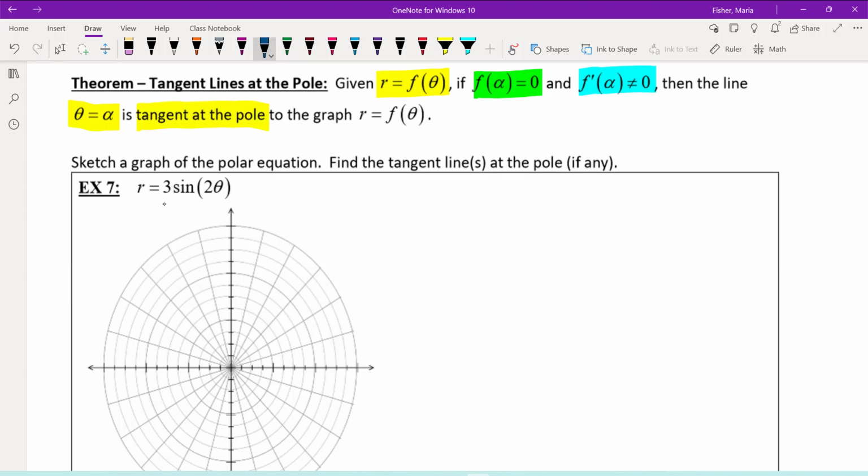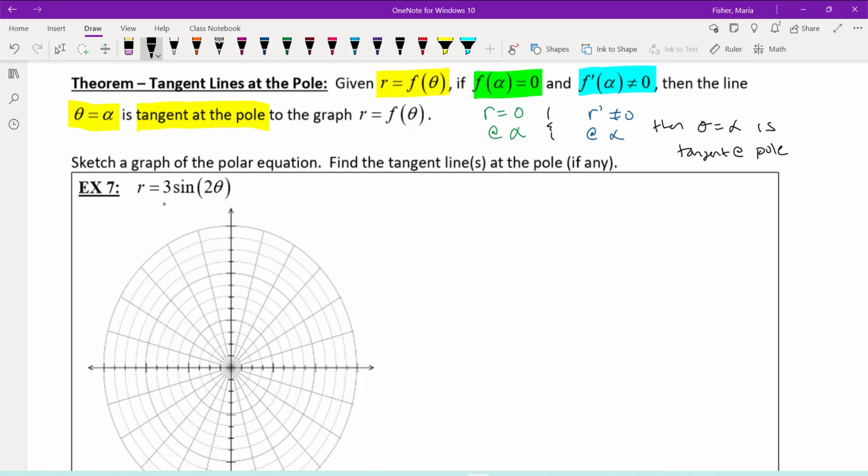So if r is equal to 0 at alpha and r prime doesn't equal 0 at alpha, then theta equals alpha is a tangent at the pole. Now things like roses, lemniscates, and circles will have tangents at the pole, but cardioids and limacons will not.